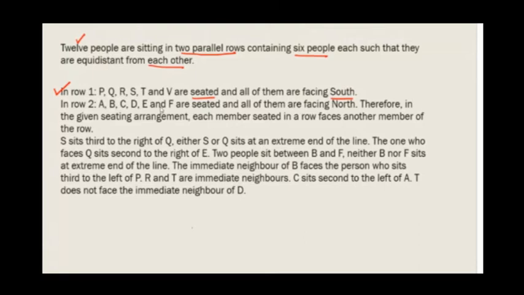So row 1, I can take 6 people: 1, 2, 3, 4, 5, 6. What is the direction they are facing? They are facing south.